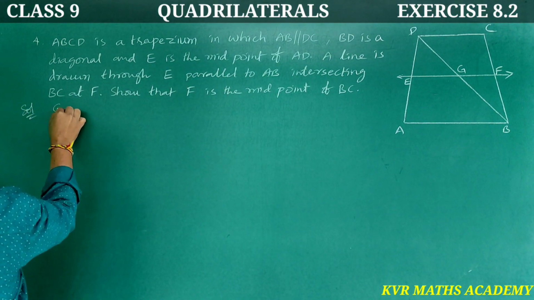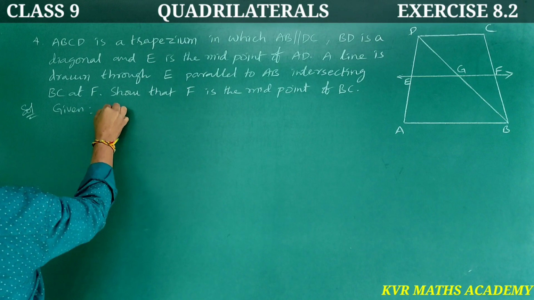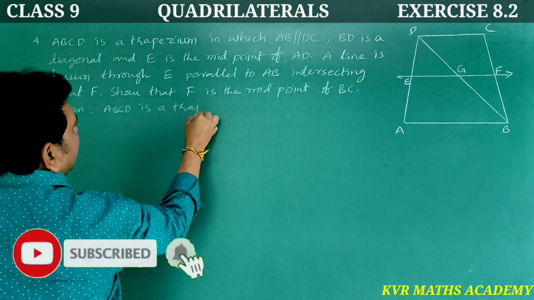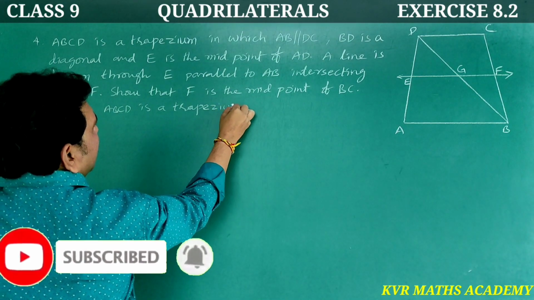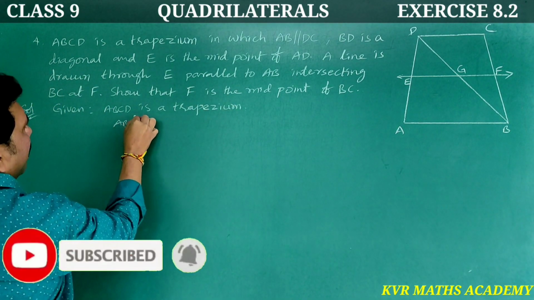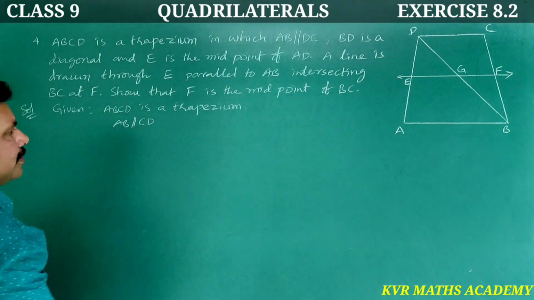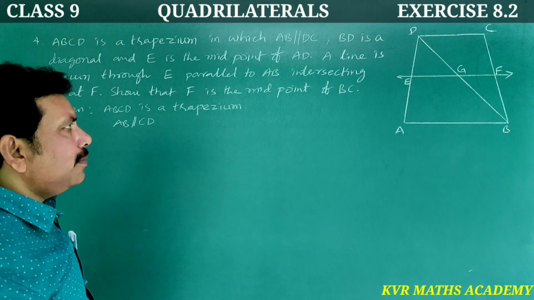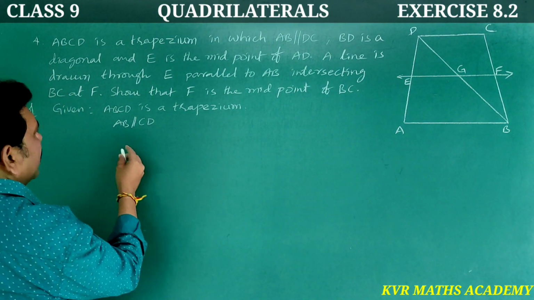Solution. Given: ABCD is a trapezium. AB is parallel to DC. E is the midpoint of AD.